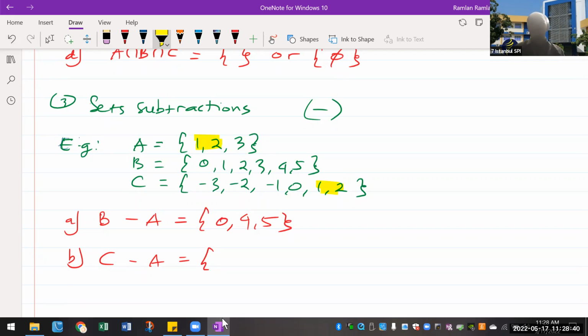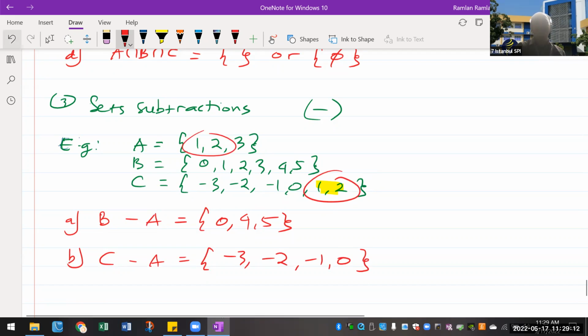Okay, so the set that you are going to write down is set C, the set in front, rewritten but without the common ones, because those were already taken by A. So I'm going to write the answer here: -3, -2, -1, and 0. That's it. Don't write these two, because they were already taken by A.